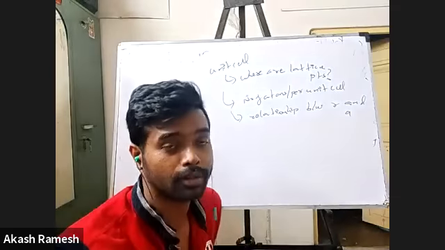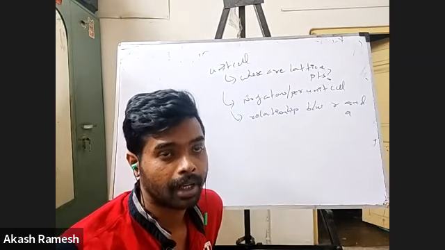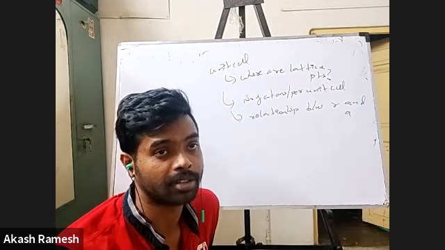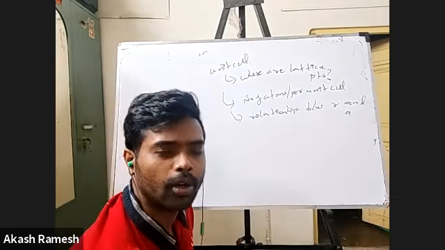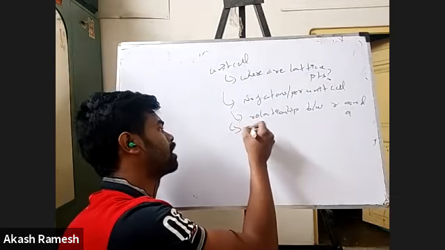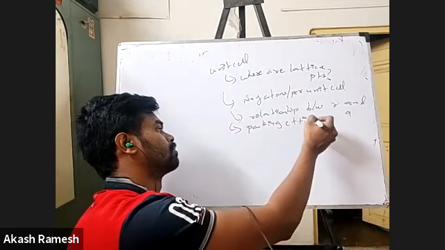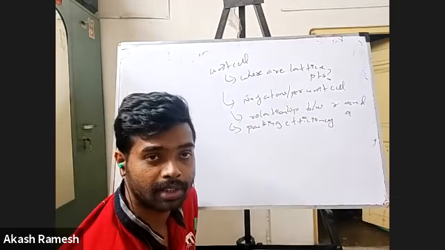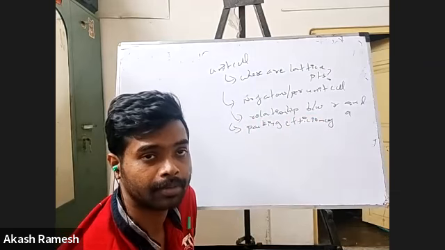A is the edge length of the cube. R is the radius of the sphere. You'll use R and A for derivation of your packing efficiencies. So these three things you have to know, and maybe you remember the packing efficiency also. For all the three cells, FCC, BCC, and simple cubic, you need to know all of these.